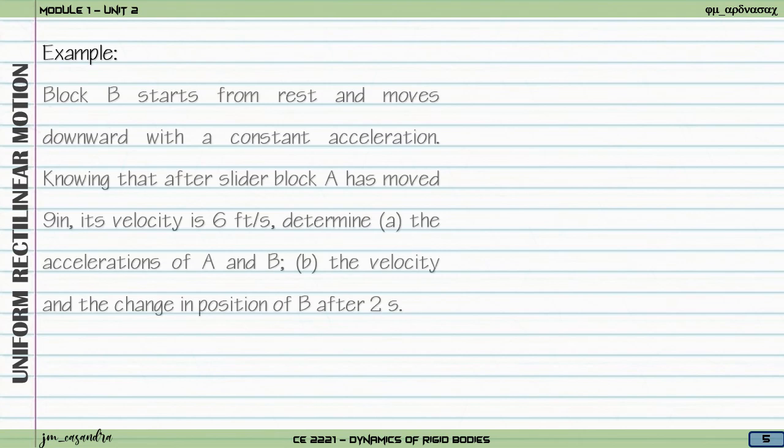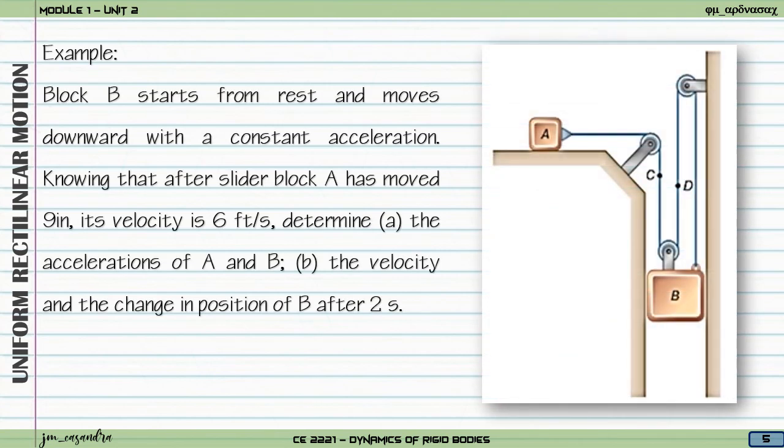So next example. For this figure, block B starts from rest and moves downwards with a constant acceleration. Knowing that after slider A, block has moved 9 inches, its velocity for that displacement is 6 feet per second.